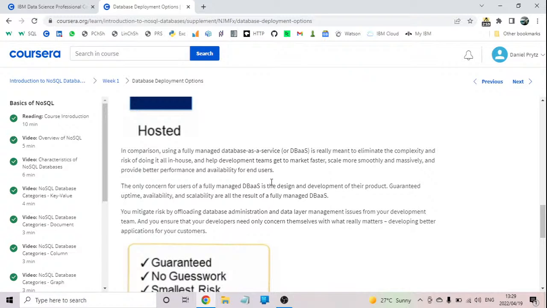So what are they essentially saying here, guys? They're saying eliminate the complexity of doing it all in-house and get to market faster. So they want to get it sold and on the App Store really quickly. You can scale more smoothly and massively because of course you have more data, and you can provide better performance and availability for end users.